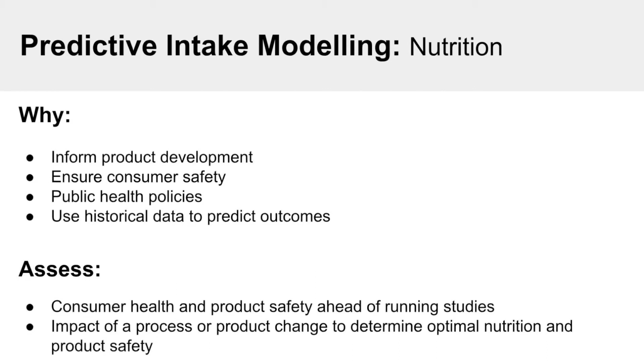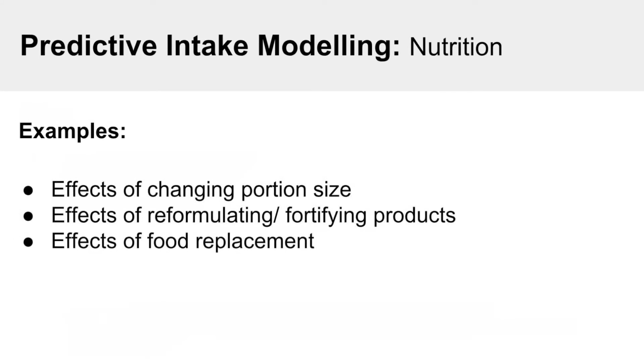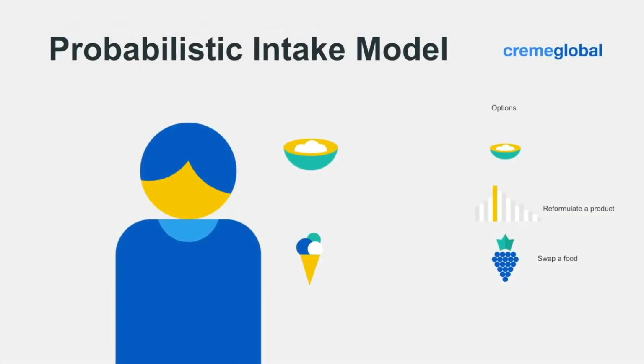We can also use it to assess consumer health and product safety ahead of running studies, look at the impact of a process or product change to determine optimal nutrition and product safety. So some examples would be to examine the effects of changing portion size, the effects of reformulating or fortifying products, or the effects of replacing the food with different foods.